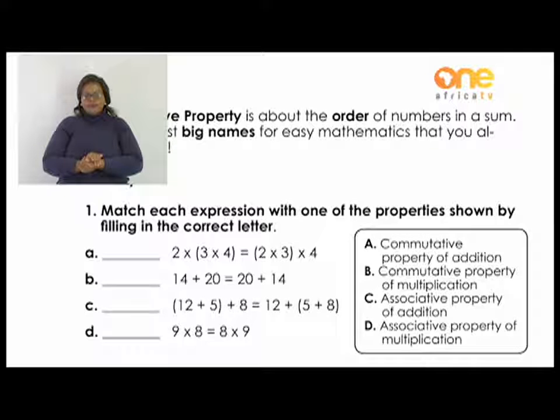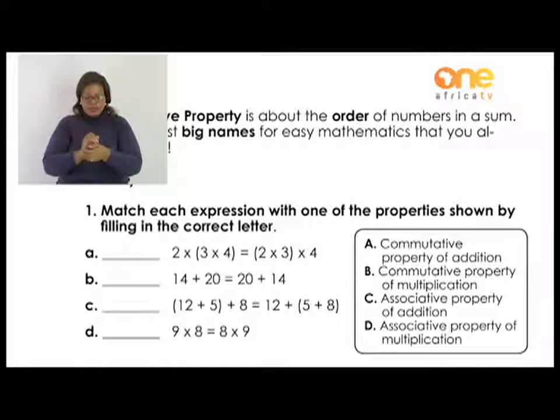All right, let's do B. Look at the numbers on your right-hand side and look at the numbers on your left-hand side. What is happening? Were the numbers moved around? Yes.